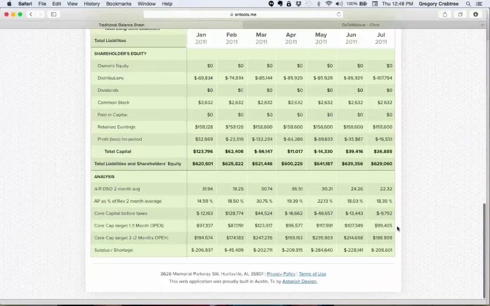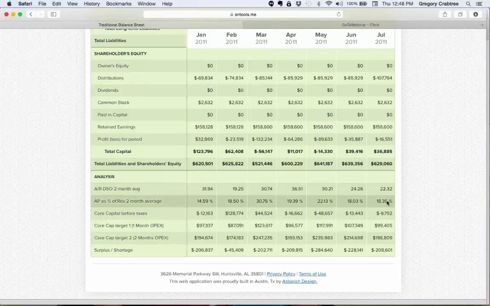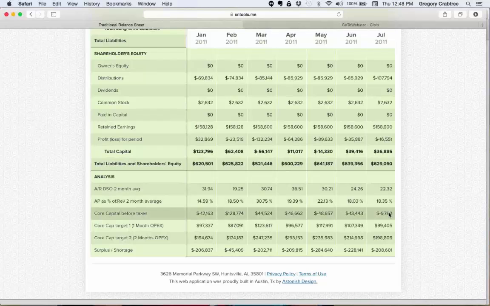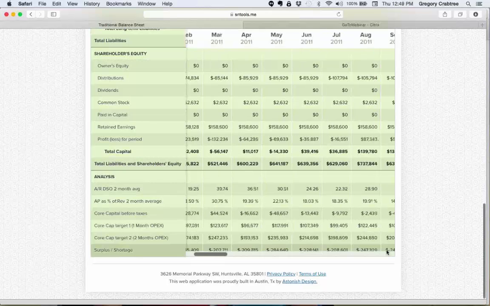The cool thing down here is what the balance sheet shows you is your 2 key indicators of AR, DSO, day sales outstanding, and accounts receivable, looking at AP as a percentage of cost of goods sold, and then you look at core capital before taxes. So it gives you your core capital calculation, what your 1-month target is, and what your 2-month target is, and what your surplus or shortage is, and what you got to drive for.